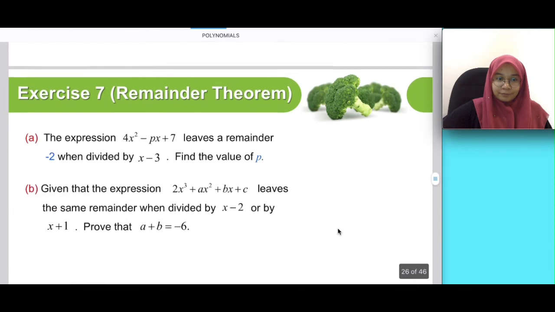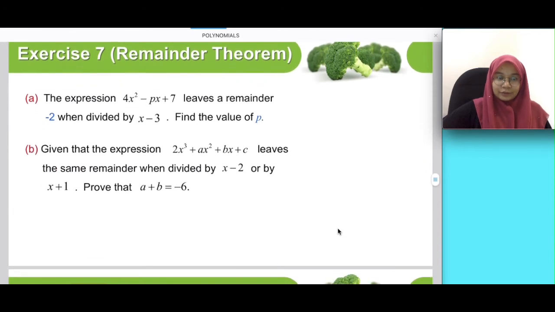Okay, try A and B, remainder theorem. A, the expression x squared minus px plus 7 leaves a remainder negative 2 when divided by x minus 3.